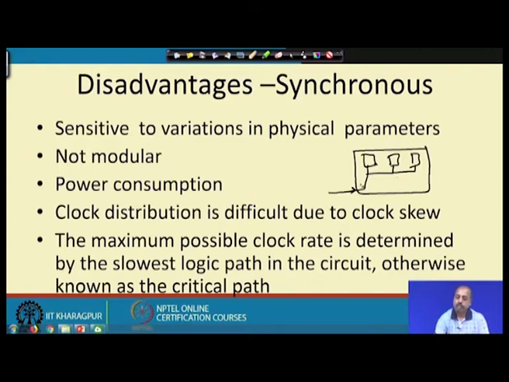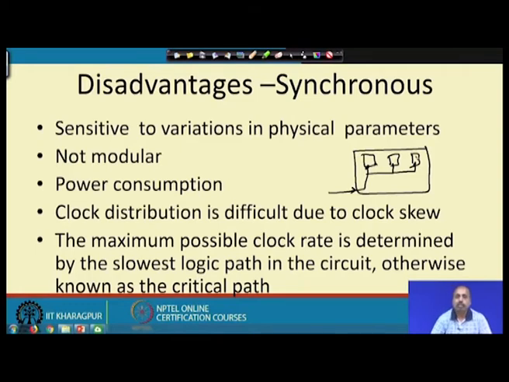It is intended that when the clock signal reaches this module, at the same point of time the clock signal also reaches here and there. But the way I have laid out this clock line, it is not possible to ensure that. So, there will be a skew: this third module will get the clock after some time delay. This is known as clock skew.